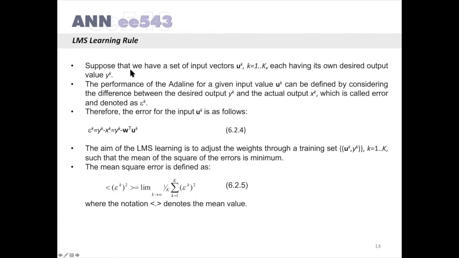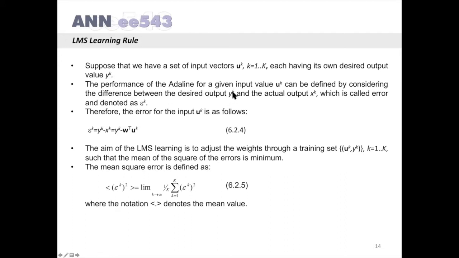where w and u are the weight and input vectors respectively, having dimension n+1. Suppose that we have a set of input vectors u_k, k from 1 up to K, each having its own desired output value y_k. The performance of the Adaline for a given input u_k can be defined by considering the difference between the desired output y_k and the actual output x_k, which is called the error, denoted epsilon_k.